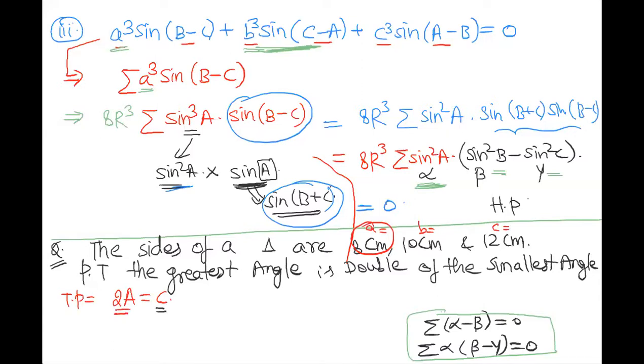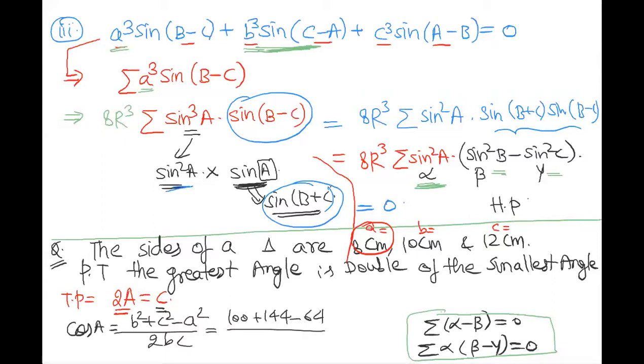So here let's apply the cosine rule. Cos A, if I apply, is B square plus C square minus A square divided by 2BC, which is equal to 100 plus 144 minus 64 divided by 2 into 10 into 12. This you can simplify.